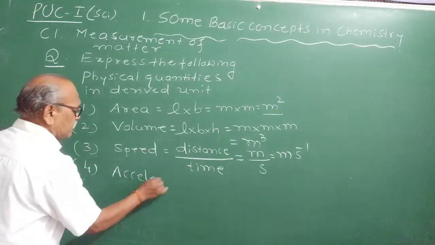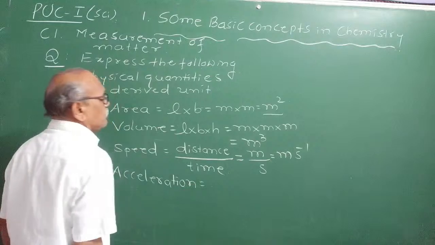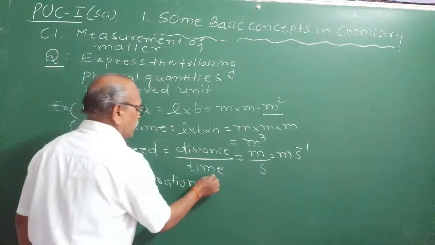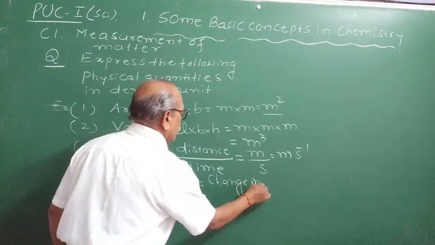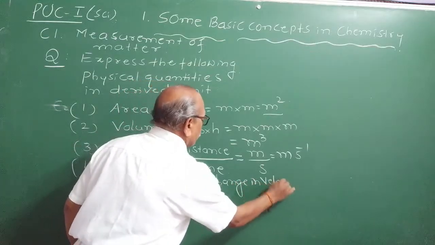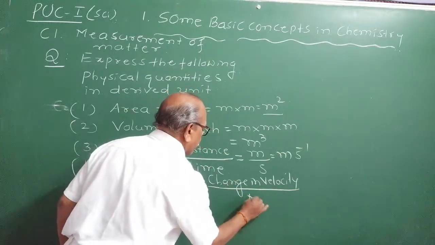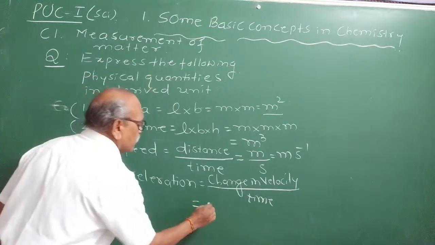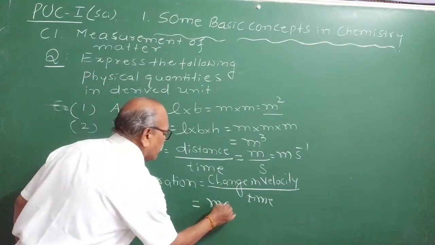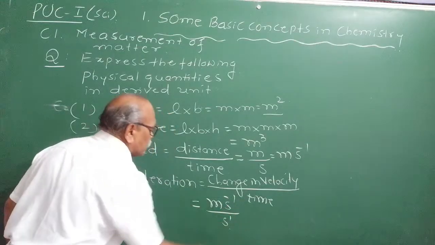How the acceleration is defined? You must know the physical quantity meaning. Acceleration is change in velocity divided by time, right? Change in velocity is given by meter per second, divided by time, again second, s raised to 1.